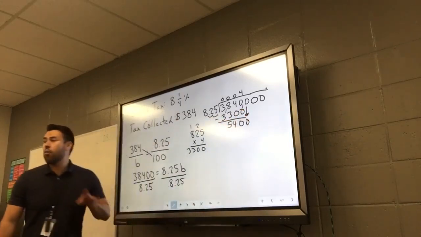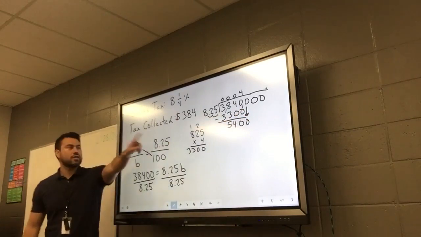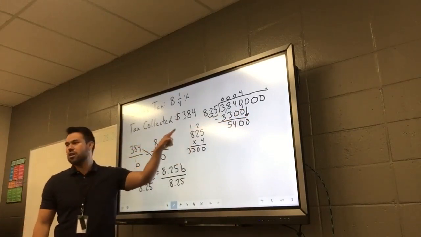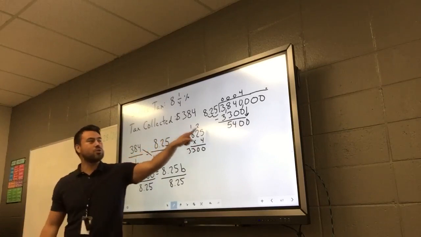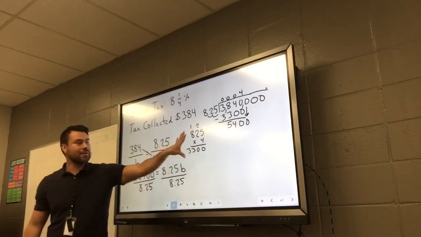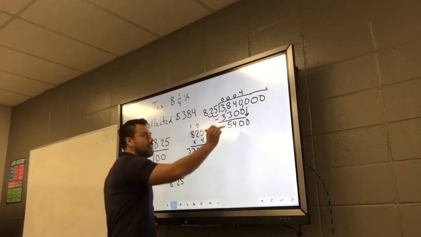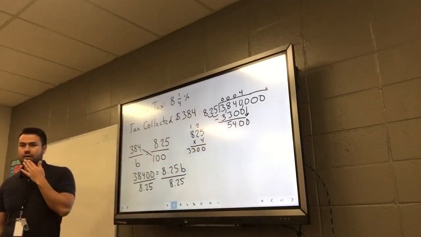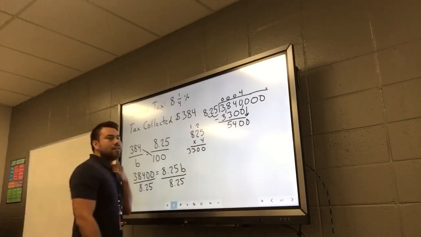Now when you're dividing, especially bigger numbers, you see this work right here with this multiplication? Don't erase it. Why would you erase your work? You might have to do it again. So just leave it there. How many times do you think 825 goes into 54? 6 times.